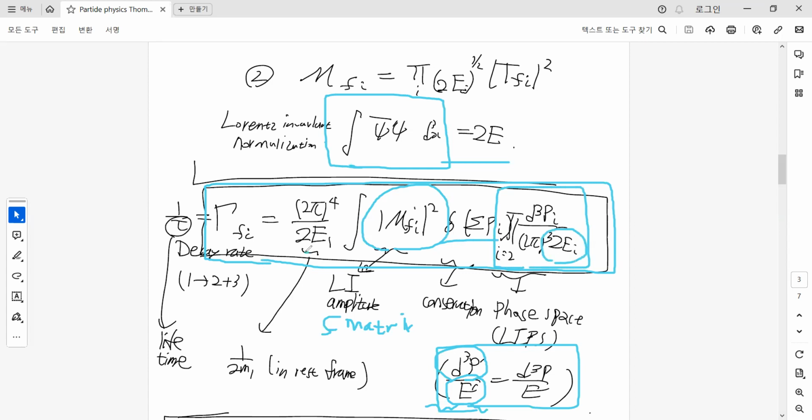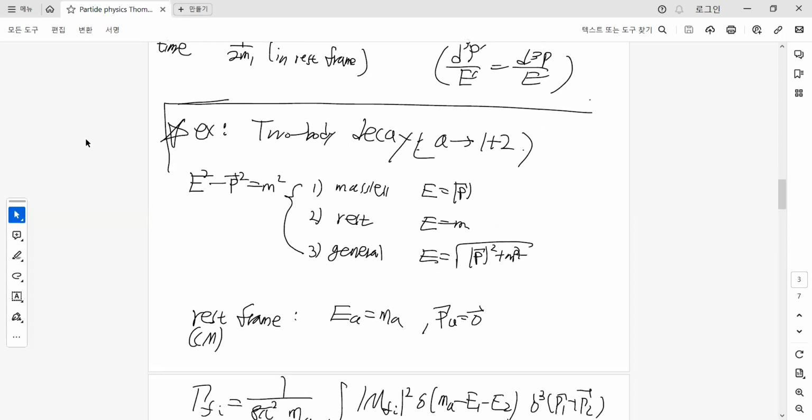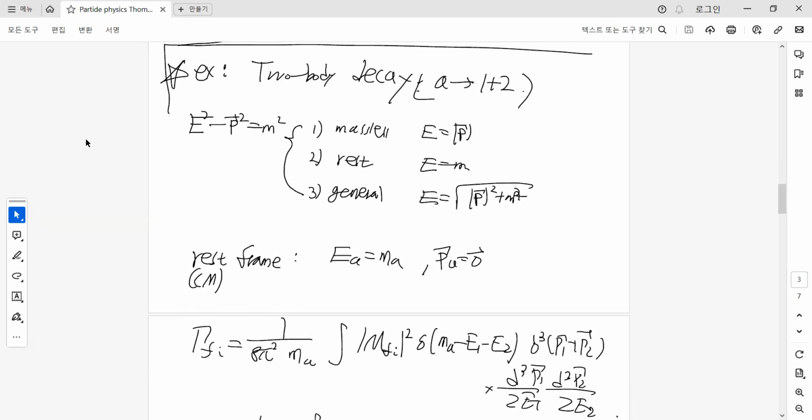And also the final state phase space and the initial particle energy or the mass in the rest frame, such factors are also multiplied. And such is the decay rate; the inverse of the decay rate is the lifetime, with the dimension of time. So I will turn to some very important examples of two-body decay.